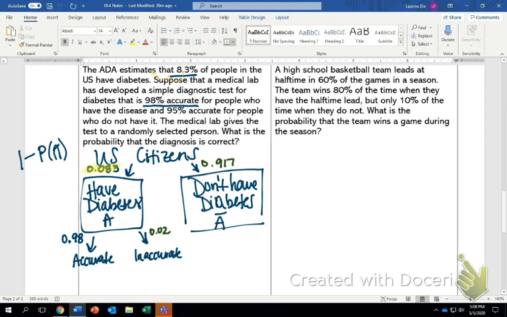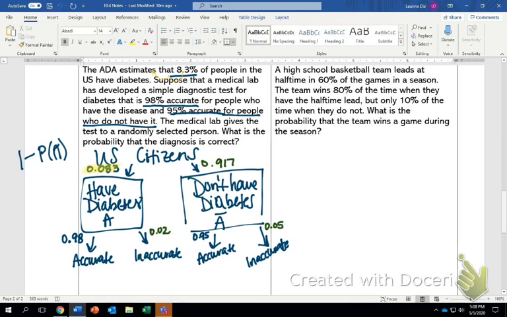Finally, for people who do not have the disease, the test is 95% accurate, so it can either be accurate or wrong. The probability of it being accurate for people who don't have diabetes is 0.95, and therefore the complement of that is 0.05.